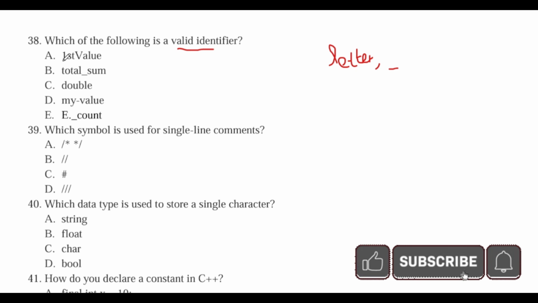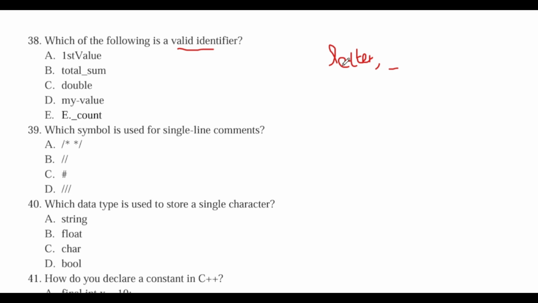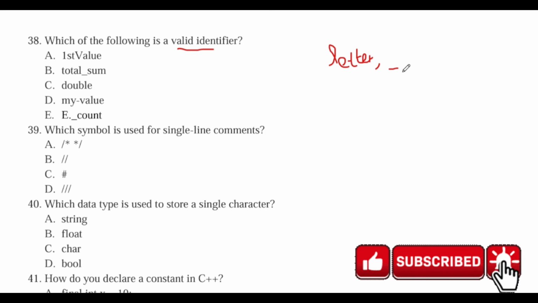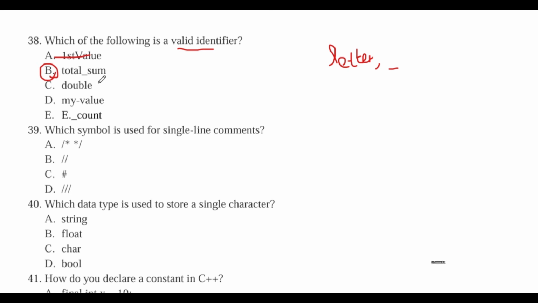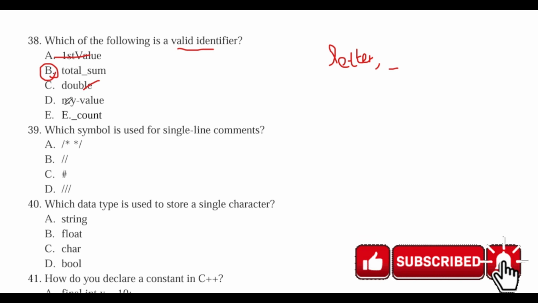If you come to option A, this starts with a number. In the rule of identifier, it must start with a letter or underscore. So this is wrong. When you come to B, it starts with a letter, and in between here is an underscore. This is right. When you come to C, C is a keyword, so it is wrong. D, here is a hyphen in between. This is wrong.